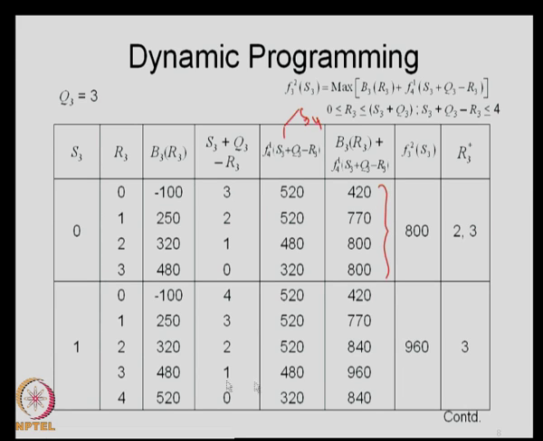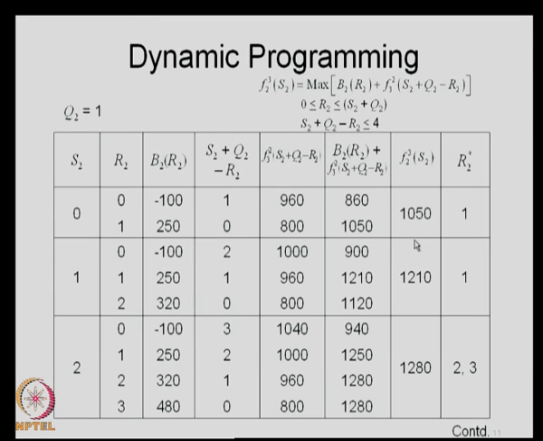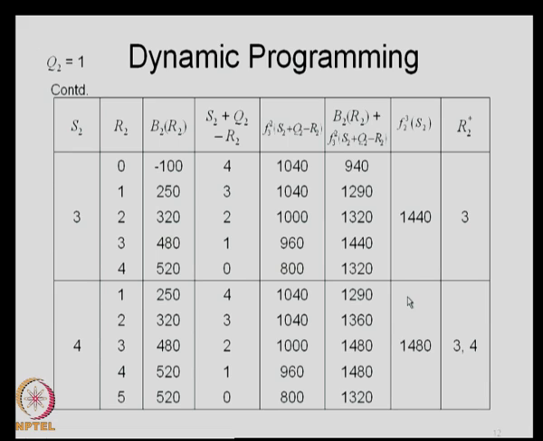Remember, all of these other values you do not worry about, simply look at the optimal objective function value corresponding to a given S3 in this particular case. So, this is 800 that you put here. So, 800 plus 520, 1320, so you get 1440 and so on. Like this you complete for all possible values of S2.